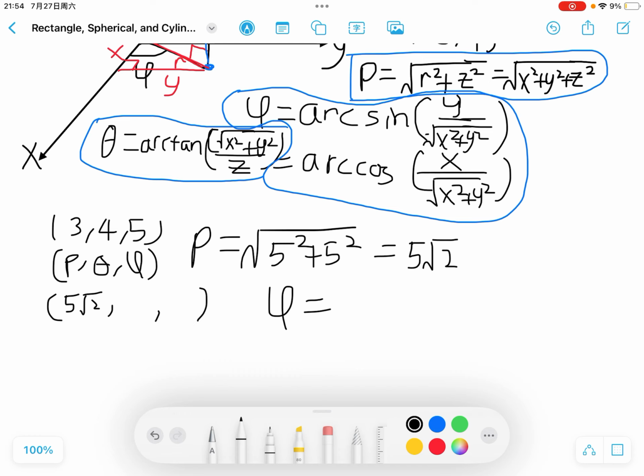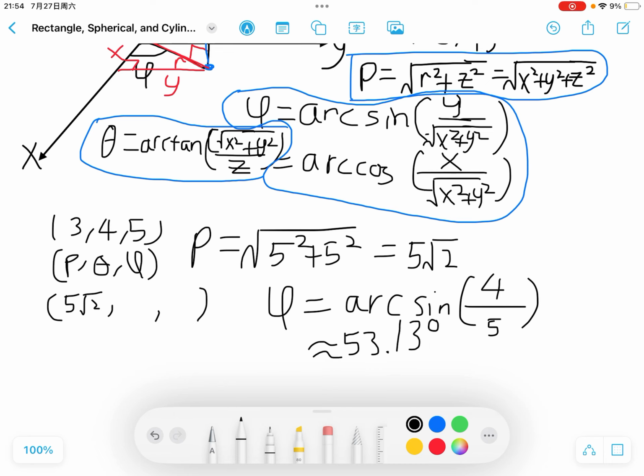So phi is equal to arc sine, where y is equal to 4, and root x squared plus y squared is root 25, which is just 5. So we have arc sine of 4 over 5, which is approximately 53.13 degrees. So there goes our phi.